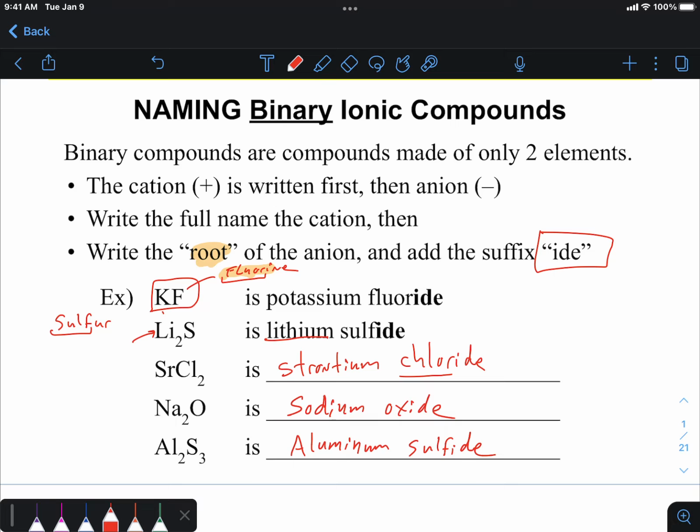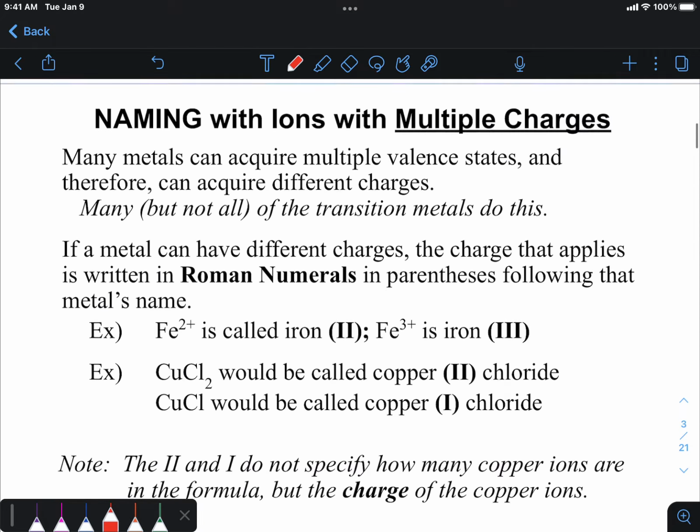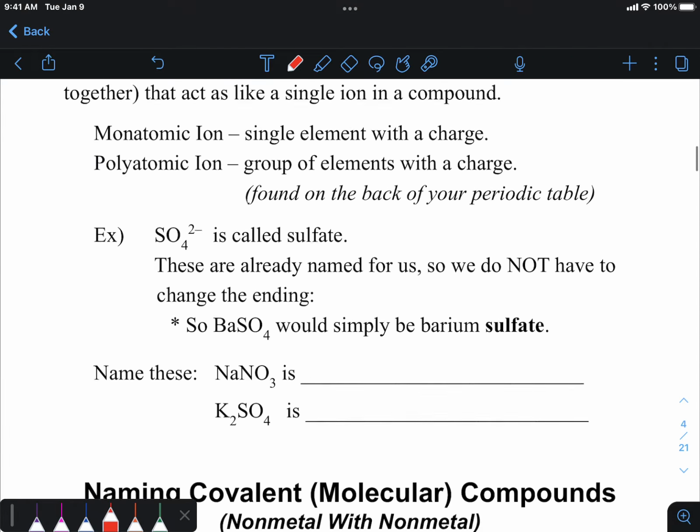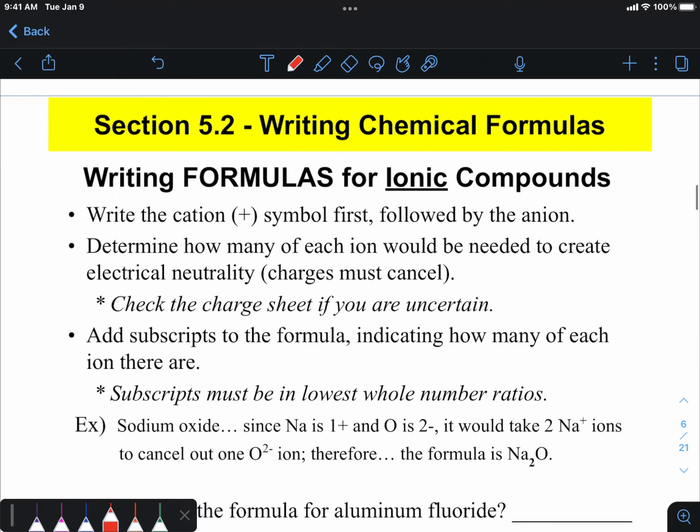So I'm going to jump a little bit out of order because I'm going to jump to another section which I think makes more sense to follow. So I'm going to scroll and find where it says writing chemical formulas, section 5.2.